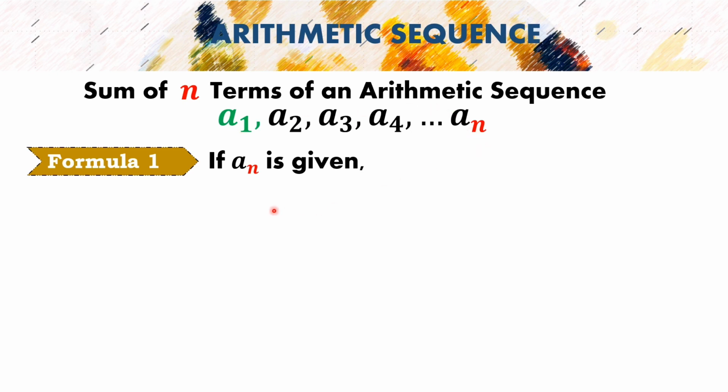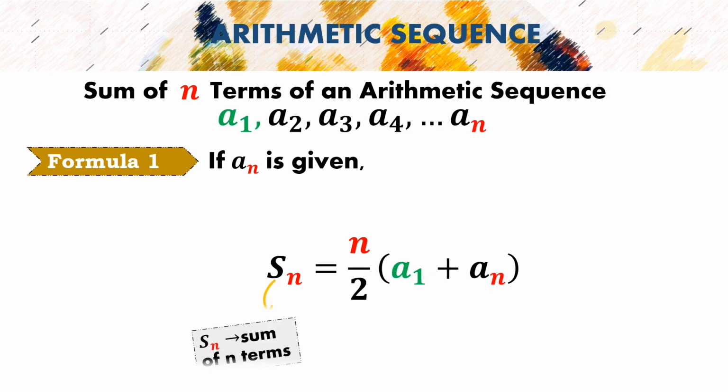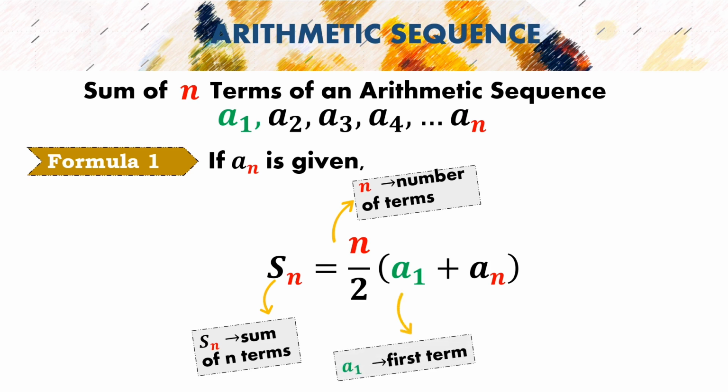So if a sub n, which is the last term, is given, use this: S sub n equals n over 2 quantity, the sum of the first and the last term. S sub n is the sum of n terms, n is the number of terms, that's how many terms you're going to add. A sub 1, of course, is the first term, and a sub n is the last term.